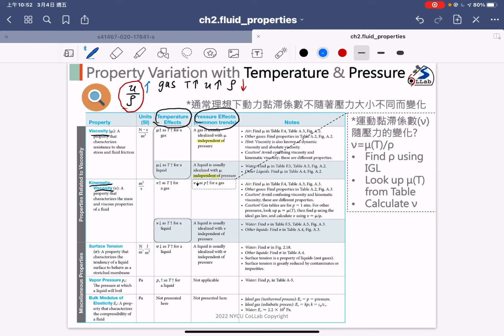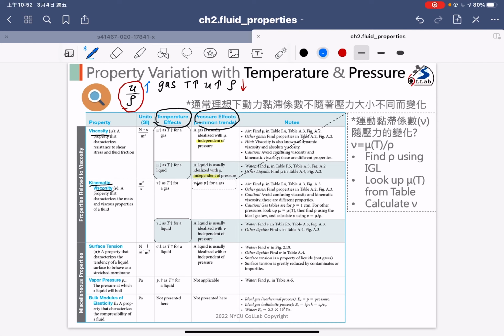But for the pressures here, I already emphasized that for the liquid, the density didn't change with the pressures. Okay, so they are independent. I highlight the independent here. But go back to see the gas here. If the pressure increases, the mu didn't change, right?